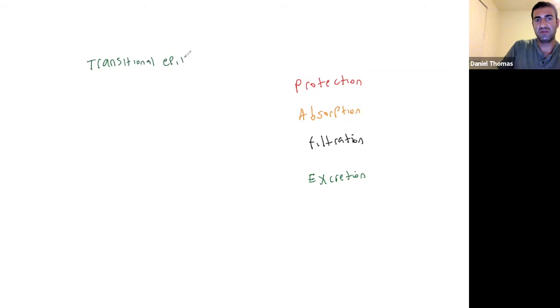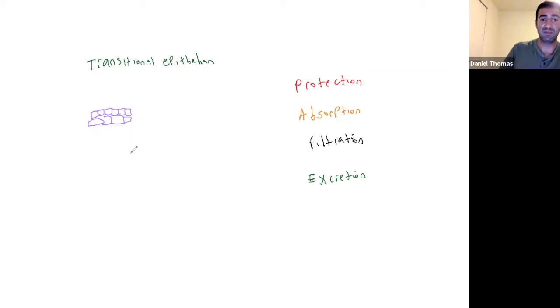tissue. And this is interesting because if you look at it under a microscope, the cells are going to look like this. You're going to see some that look normal, and then some that look stretched. Maybe some that even look more stretched.